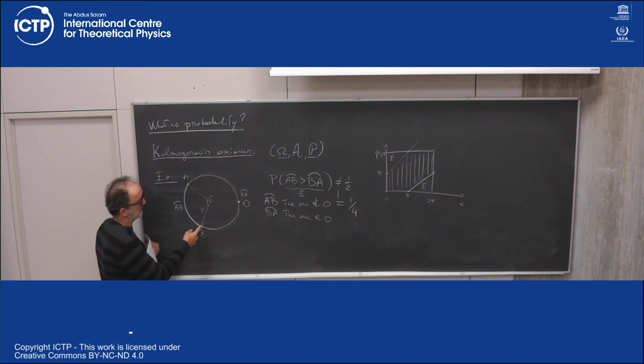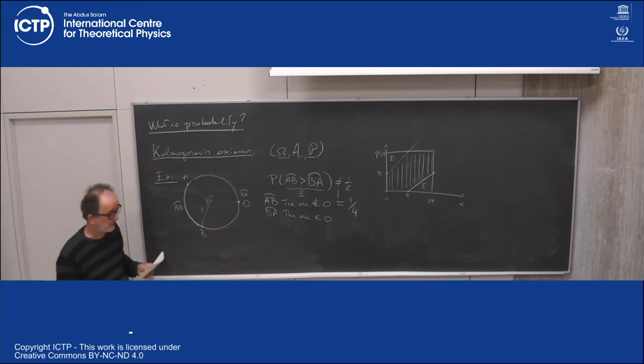And by symmetry, all these 3 points are distributed at random on the circle. So it is natural that typically, generally, this arc will be smaller than the sum of these two arcs.